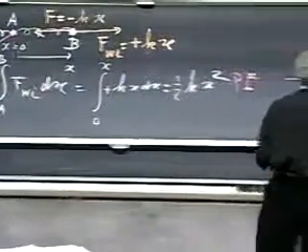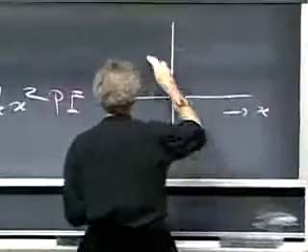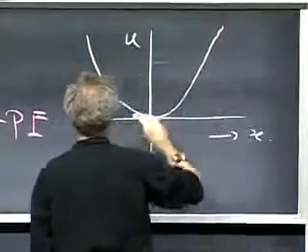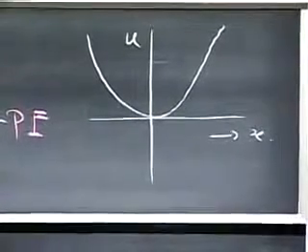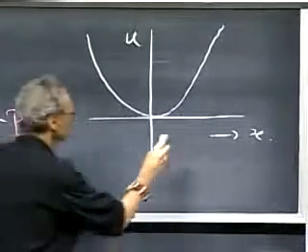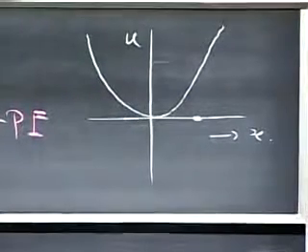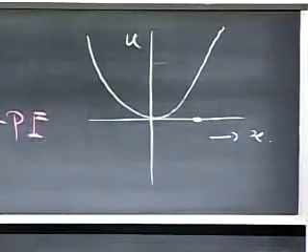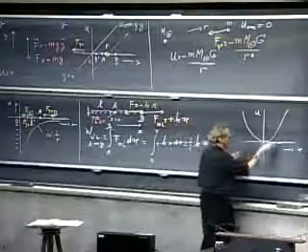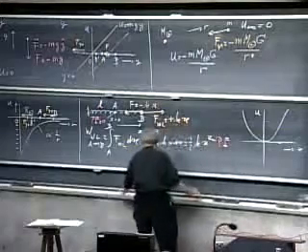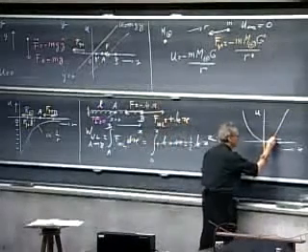So if you now make a plot of the potential energy as a function of x, you get a parabola. And if the object is here, then the force is always in the direction opposing the increasing potential energy. If you go this way, potential energy increases, so it's clear that the force is going to be in this direction.